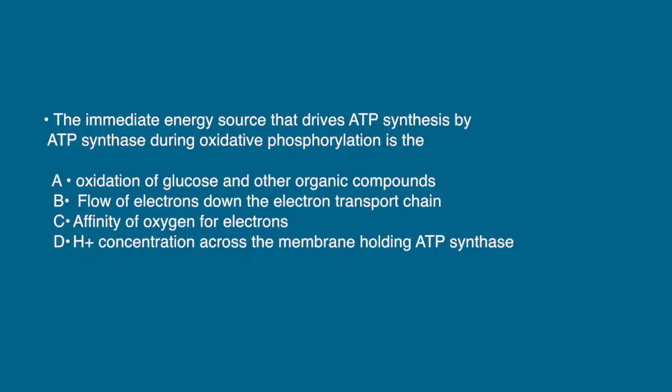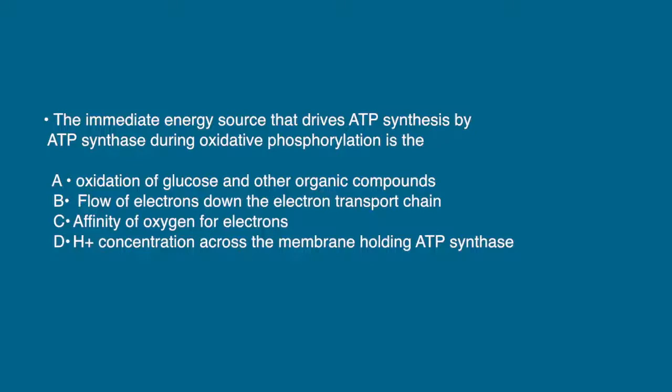Question number 1, the immediate energy source that drives ATP synthesis by ATP synthase during oxidative phosphorylation is the A. Oxidation of glucose and other organic compounds. B. Flow of electrons down the electron transport chain. C. Affinity of oxygen for electrons. D. Hydrogen concentration across the membrane holding ATP synthase.